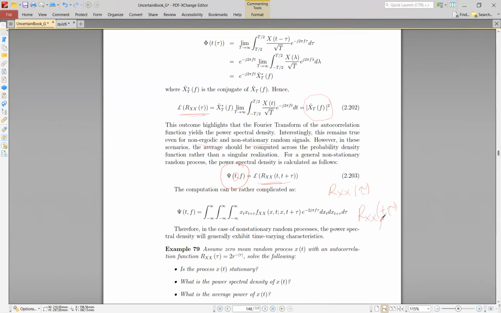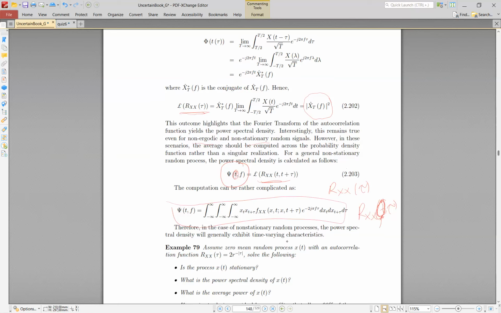It is important at what time, in which month, you take this autocorrelation. Is it in April, or May, or December? It makes a difference. If you add this time information t, where you take the measurement, it will appear also here. This is the main difference between the non-stationary and ergodic cases, but the concept is the same. It can also be proved, but it is a little bit more complicated. This is how to find the power spectral density from the autocorrelation function in the case of a non-stationary process, which is a little bit more complicated than the ergodic process.